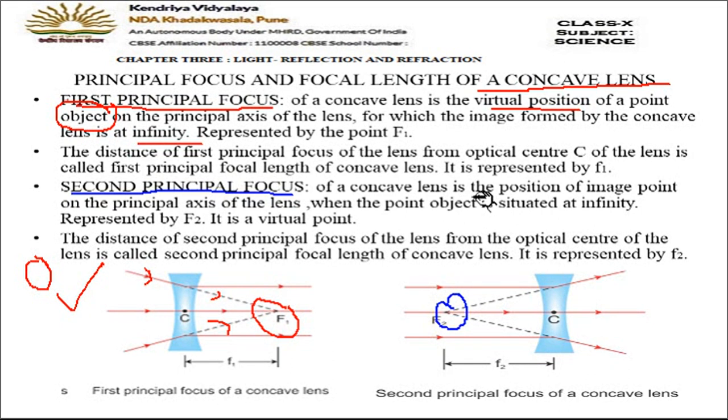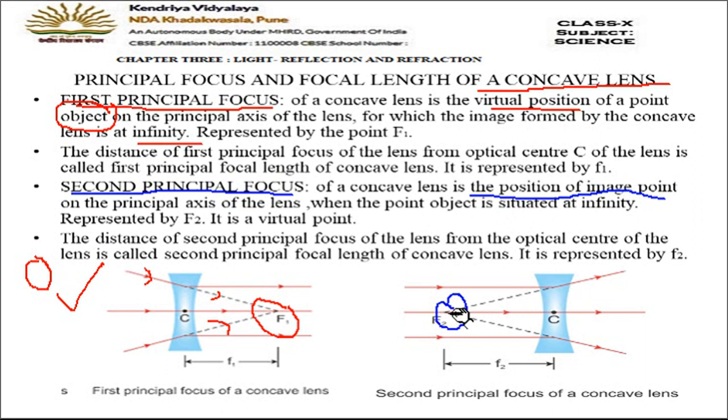This second principal focus is the position of the image point. You can see here that you have back extended the incident rays, and incident rays always come from the object. So this is the virtual position of the object. Here you are back tracing the refracted rays, and refracted rays always make the image. So if you back trace the refracted rays, they appear to be coming from this point.